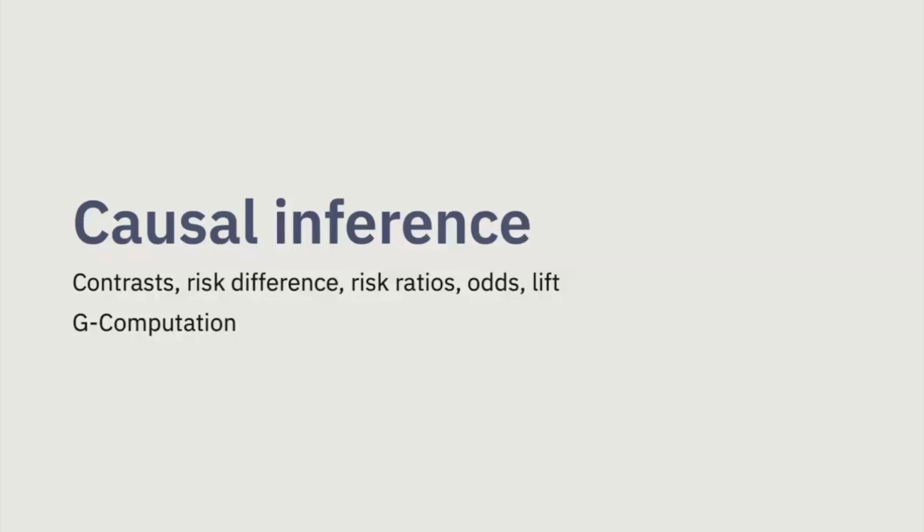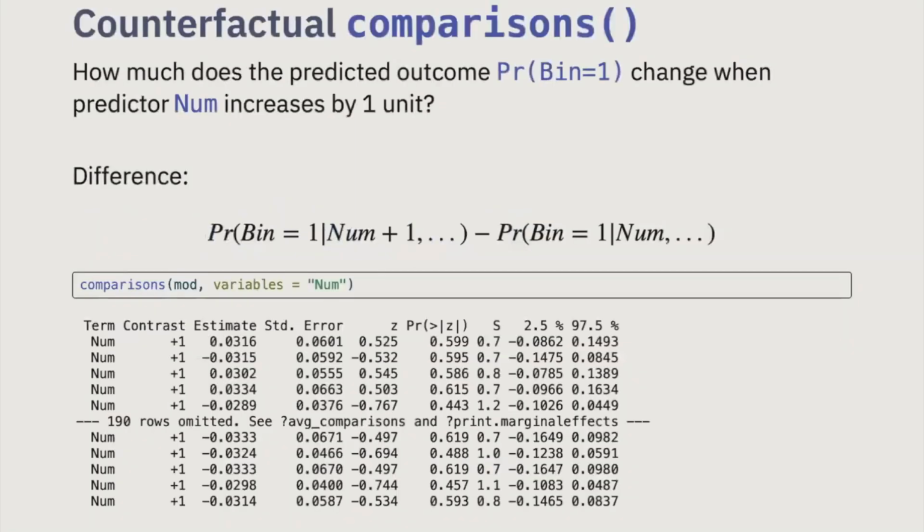All right, now let's move on to beyond predictions, beyond fitted values, to something that's closer to causal inference. So here I want to present counterfactual comparisons, and that's going to be contrasts, risk differences, risk ratios, odds, lift, these things, okay? So imagine that you're interested in this kind of counterfactual question.